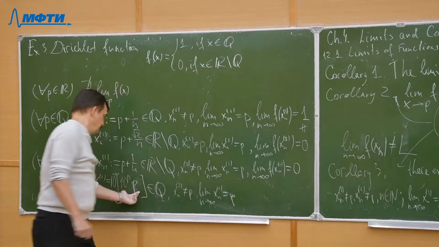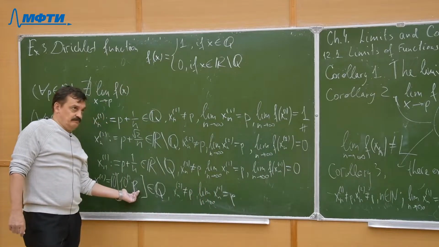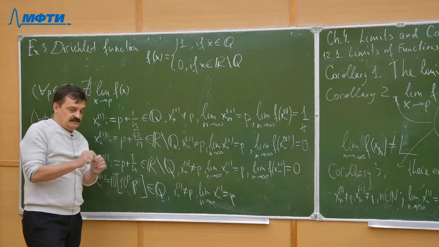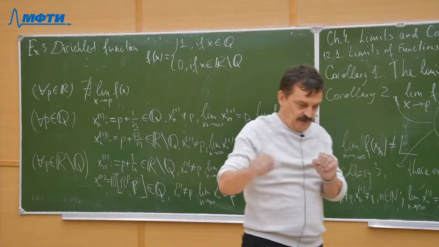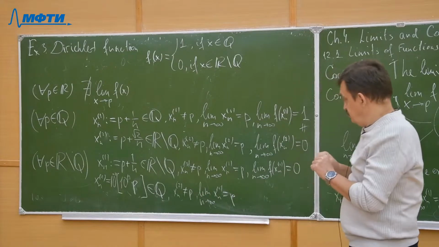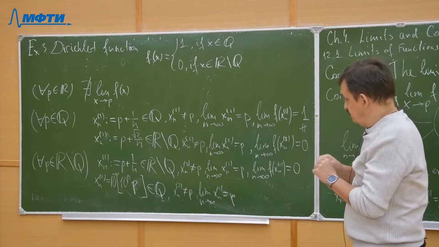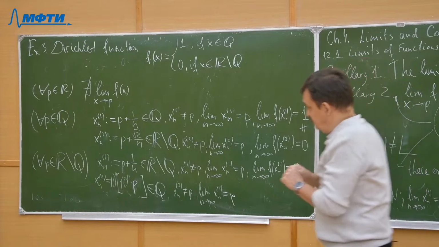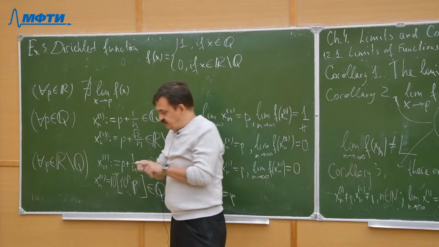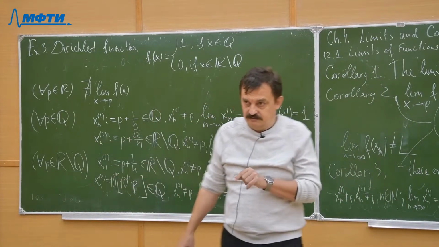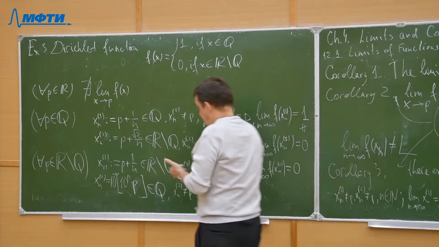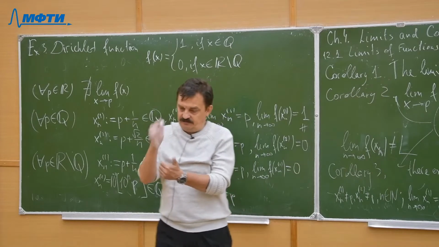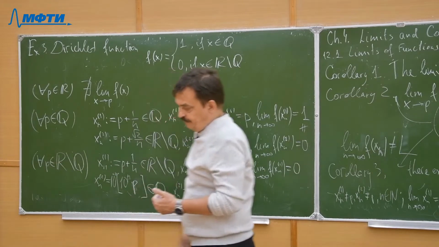If we multiply p by 10 to the power n, it means we moved the point in the decimal representation of p n digits to the right. And then we take the integer part. It means we forget about everything after that point.